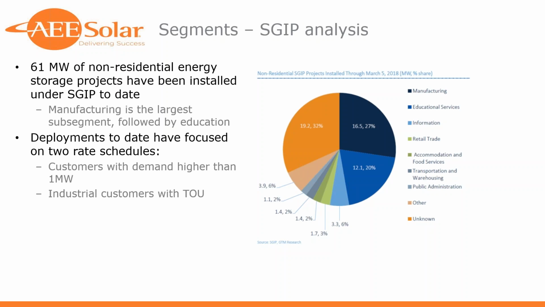What does non-resi mean? It means what we would consider commercial industrial, not utility scale solar plus storage, not storage to offset spinning reserves, but behind the meter projects that have been permitted and installed and are functional under SGIP.